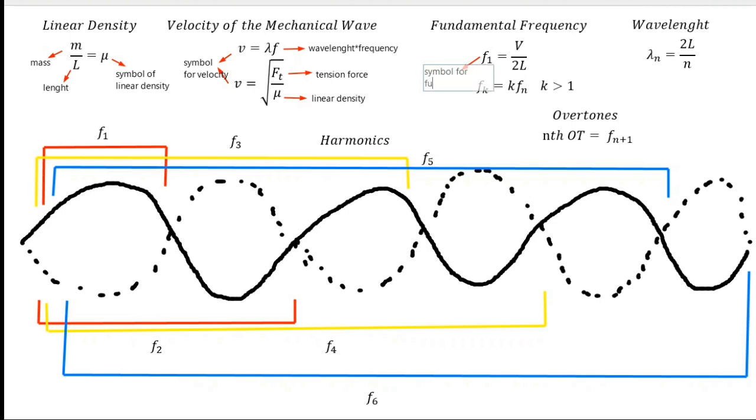This is all based on the harmonics. So this is the symbol for the fundamental frequency. We can also use the last formula on the bottom: velocity divided by 2 times the length.